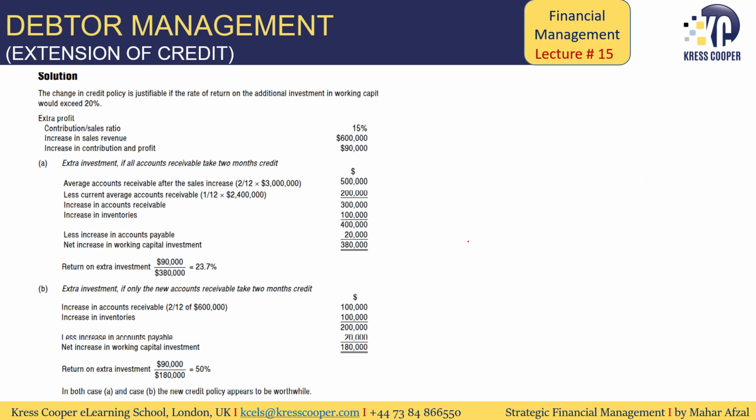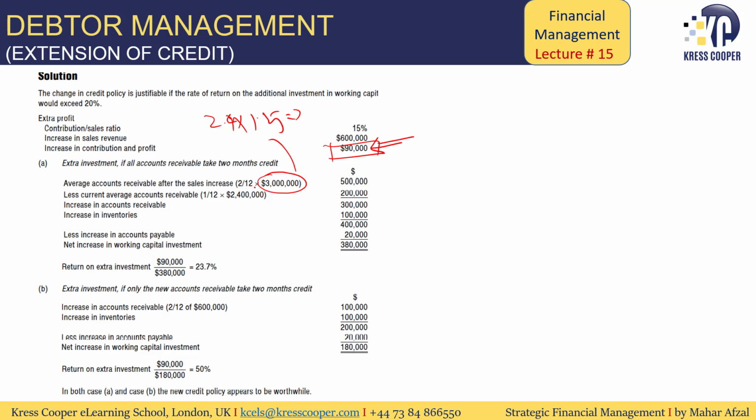In the first option, we have calculated 90,000 as my incremental contribution on an annual basis. Here we have assumed that all of the customers will take the credit benefit, meaning their credit period will go from 1 month to 2 months. So 3 million will be my total sales, 2.4 million into 1.25.